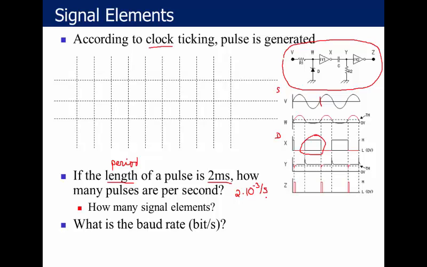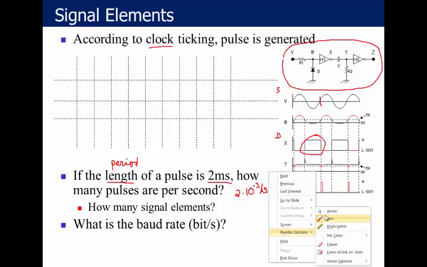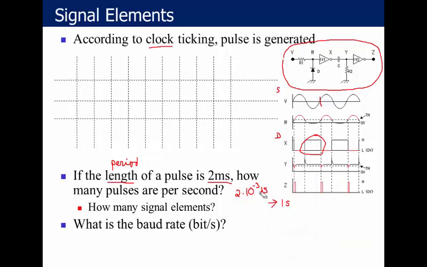But if we use all of it, how many such pulses can be generated in 1 second? It's not per second, it's 2 milliseconds. Let's see. I'm going to erase this.